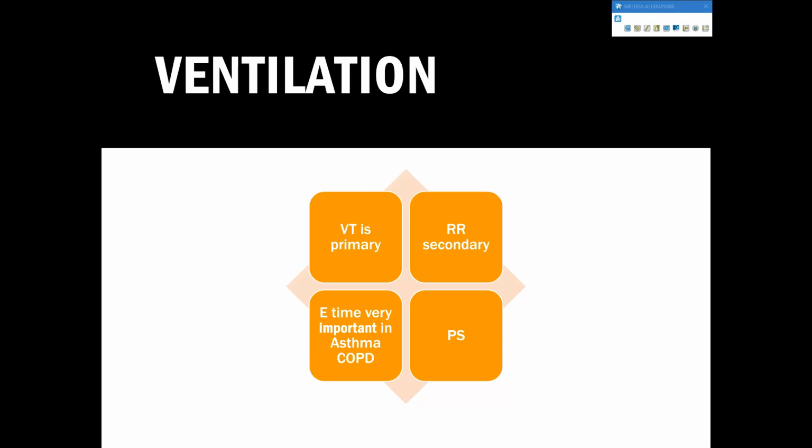So what controls ventilation? Our primary control of ventilation is tidal volume. If we remember our old calculations from RT school, minute ventilation is tidal volume times respiratory rate. So the whole thing that controls CO2 is tidal volume and respiratory rate. The reason we spend 9 out of 10 times going up and down on the respiratory rate to compensate for CO2 high or low is because our tidal volume is that line in the sand.